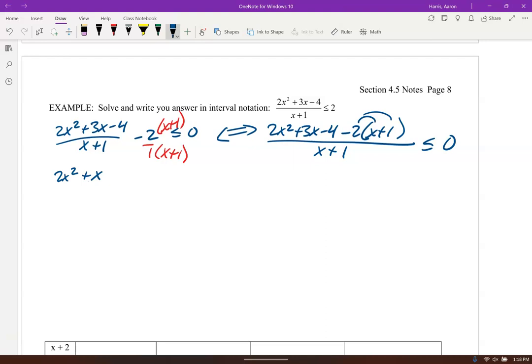And then minus 4 minus 2, so minus 6. So we have 2x squared plus x minus 6. Well, that'll factor. Let's see, minus 3 plus 2. Let me check that. 2x squared, 4x minus 3x. There it is.